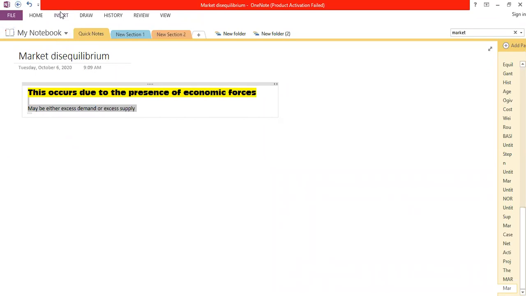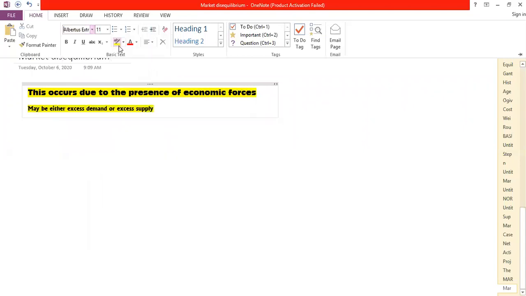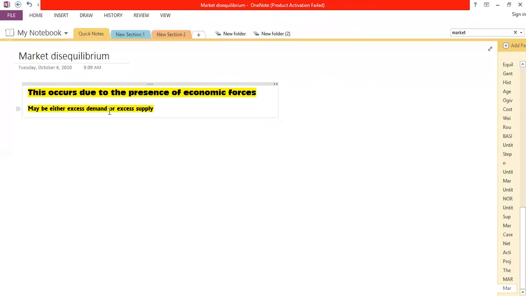And let's deal with each one at a time. We understand what is the meaning of these two forces. Okay, and I'll start by looking at the excess demand. What is excess demand? Excess demand occurs when demand is more than the supply of the commodity in the market.